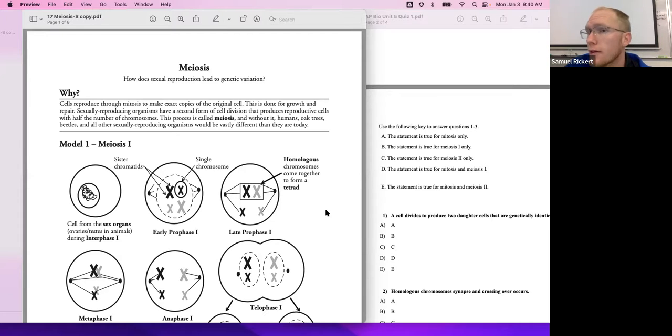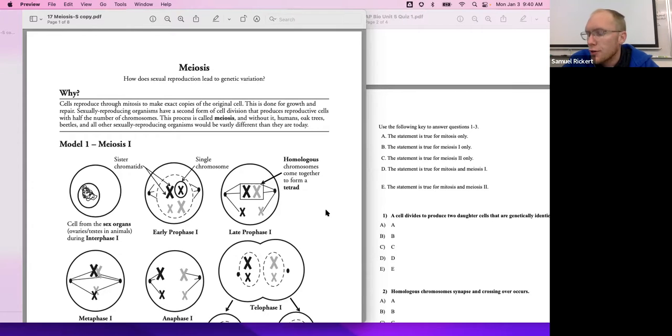And one of the key differences, what we're going to talk about, is crossing over occurs during prophase 1, which does not occur in prophase 2 and does not occur in prophase in mitosis. So we see that even though these things are similar, they all involve the condensing of chromosomes, they're all different.